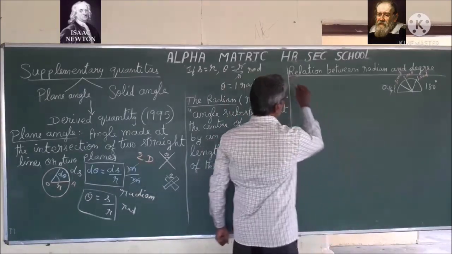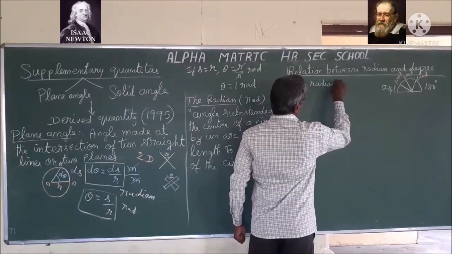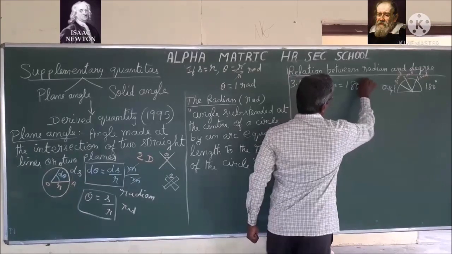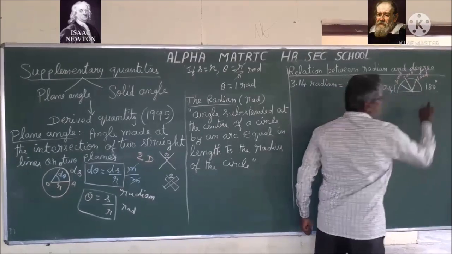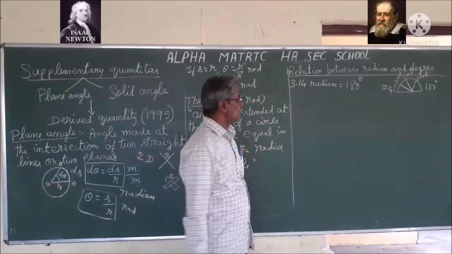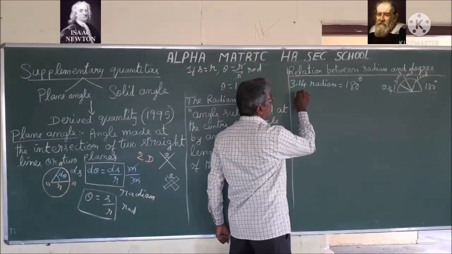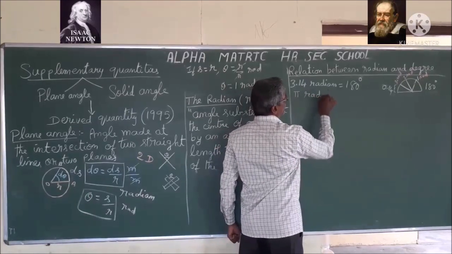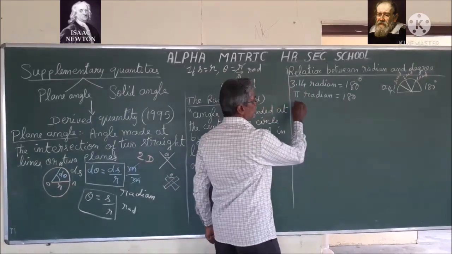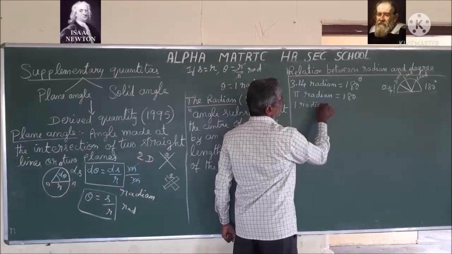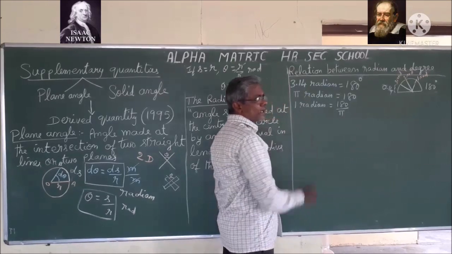If I add all these, 3.14 radian is equal to 180 degree. In this 3.14, I can write it as pi. So pi radian is equal to 180 degree. Therefore, 1 radian is equal to 180 divided by pi. What is the value of pi?